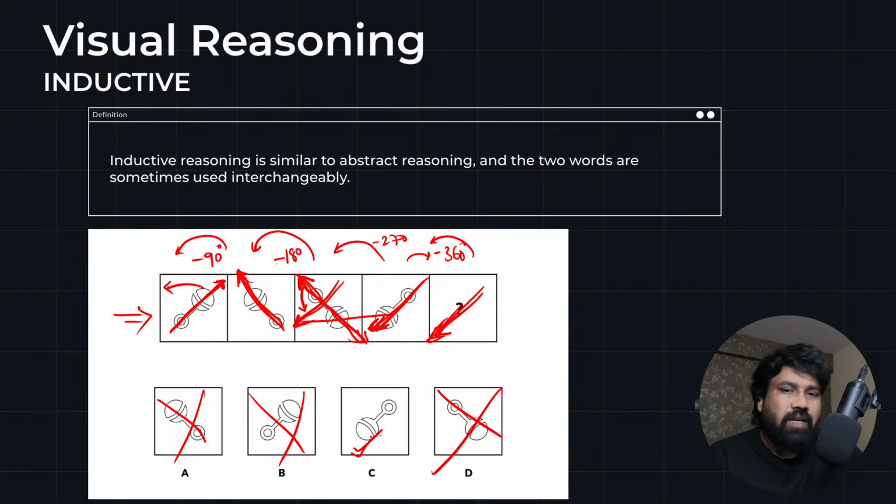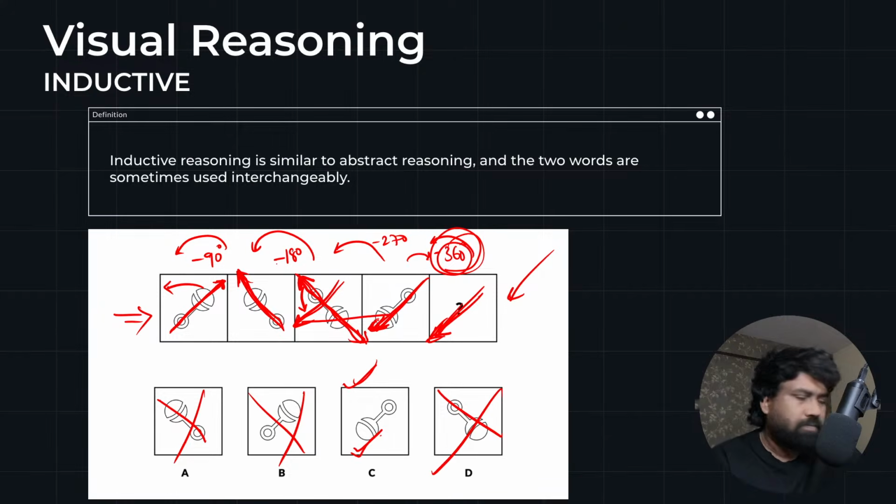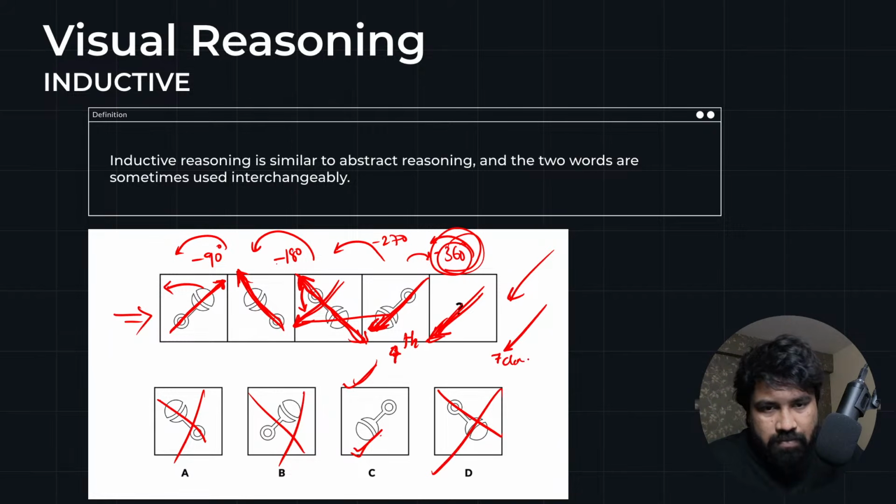How can C be the correct answer? It's very simple, right? A 360 degrees turn means the same direction, the same position. So option C. Guys, you are mistaken. See, in the fourth picture, it is showing around 7 o'clock.